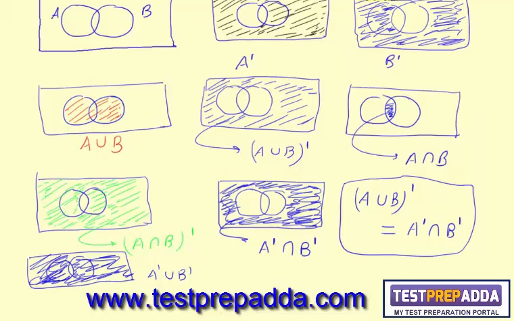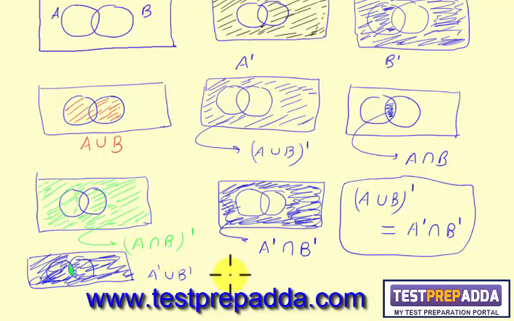So except this portion, we have to select everything. Now you can see this A dash union B dash matches with the complement of A intersection B. Both the sets you can see are the same.